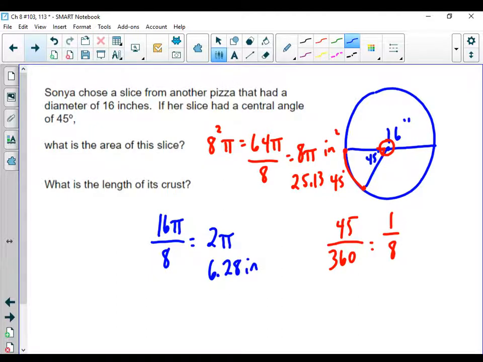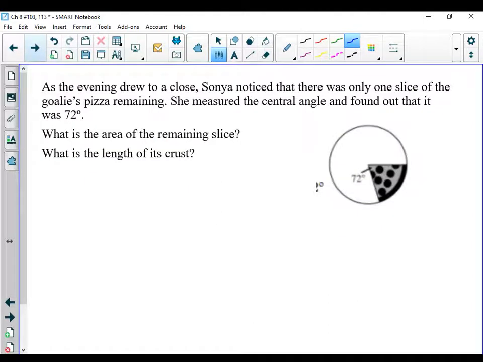So whenever I'm talking about a portion of the circle, I may be looking at one of two things. One of the things I may be looking at is a portion of the area. So if I'm looking at a portion of the area, what I'm really looking at is what's referred to as a sector. That would be the portion of the area.